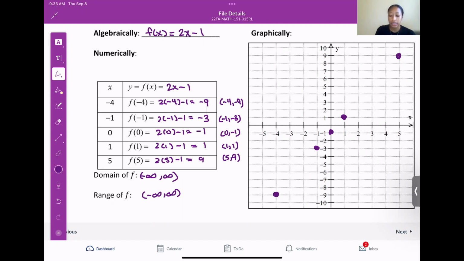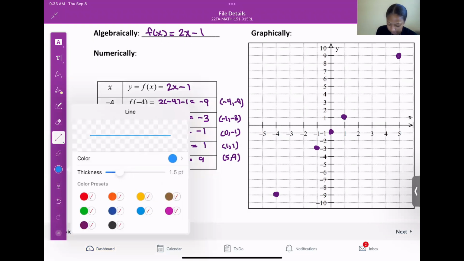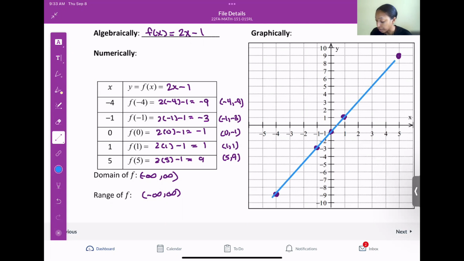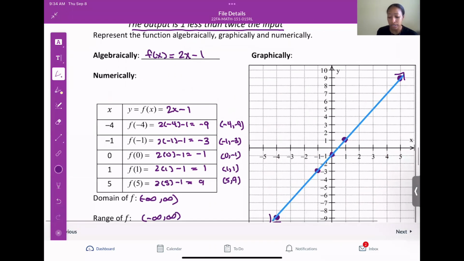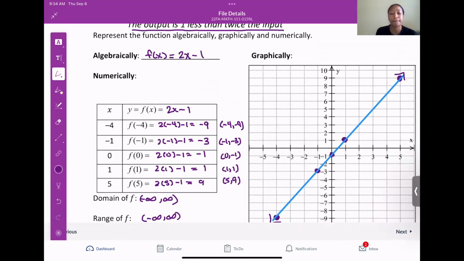And then once we connect all of these, we'll have a graph of our line. This just helps me draw a straighter line than I was about to draw. Boom, ta-da, that's our graph. And technically our graph should have arrows at the end to indicate that it keeps going on. So now we've represented this function in words, algebraically, numerically, and graphically.